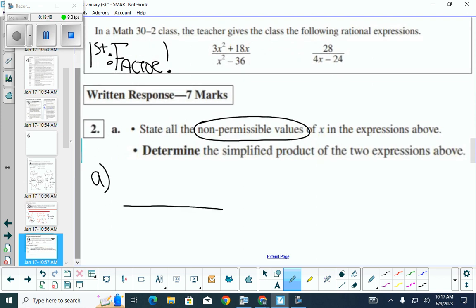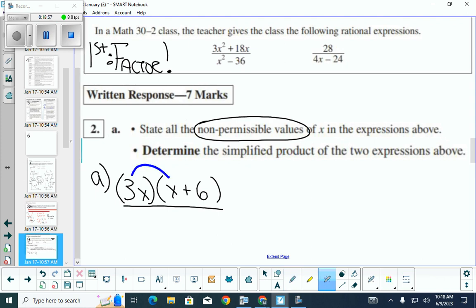So what can I do with 3x squared and 18x? Take out a 3x. Yep. And what are you left with once you've done that? Right. And if you're not sure if you've done it right, take half of a second and multiply this back through and make sure you end up right where you started. Okay.